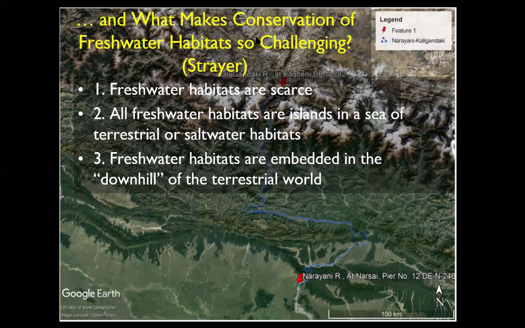There are still going to be forested spots there that might be intact. But the water is at the bottom, and so all that stuff is going to get washed into the rivers, and it's inevitably going to find its way to the aquatic community. So if we have any kind of disturbance, pollution, degradation in the watershed, it's going to end up downhill, and aquatic species are going to be exposed to it.